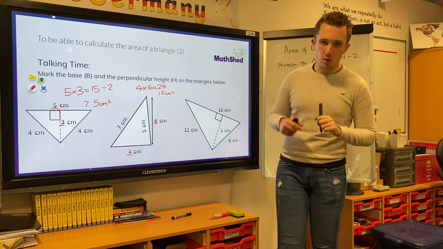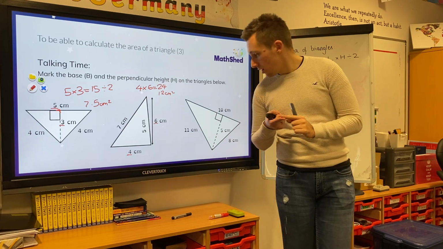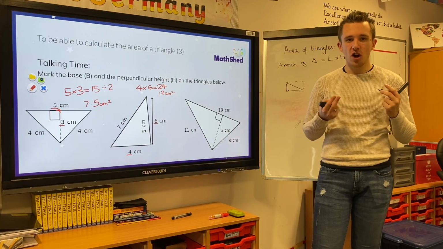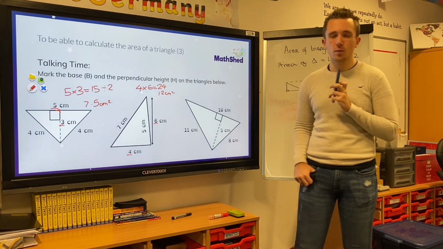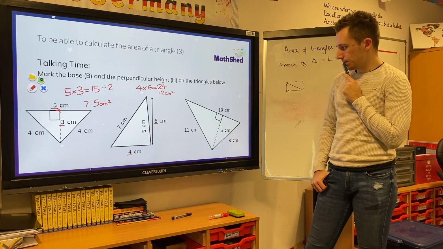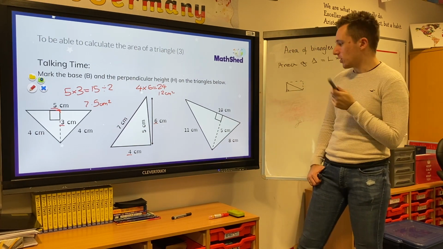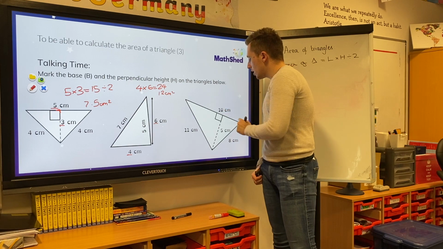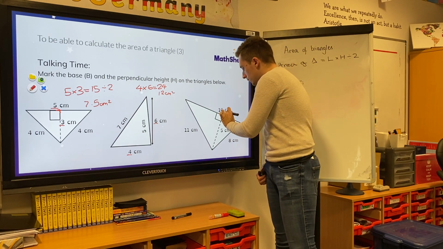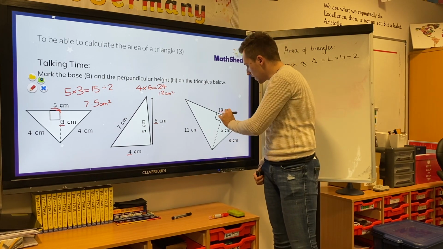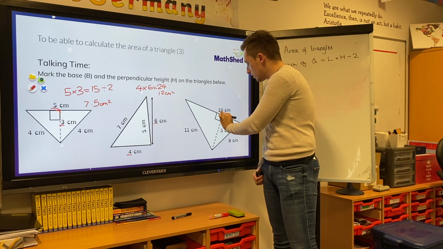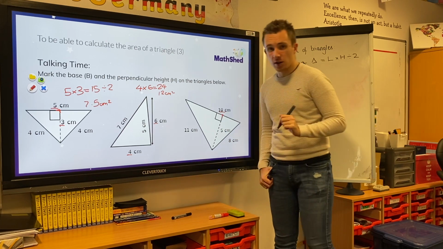Can you have a go at this one, please? Identify the length, identify the height, times them together, divide it by 2. Off you go. Okay, so the length is 10 because it's where the height meets the straight line.